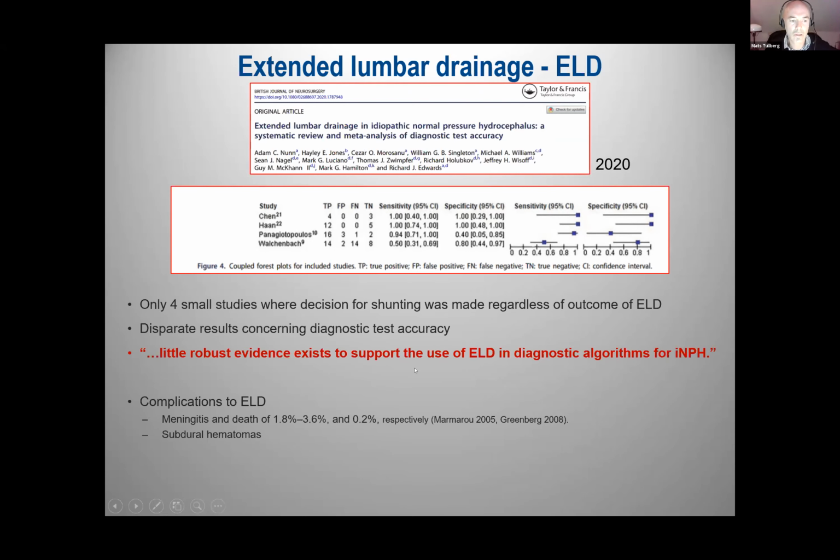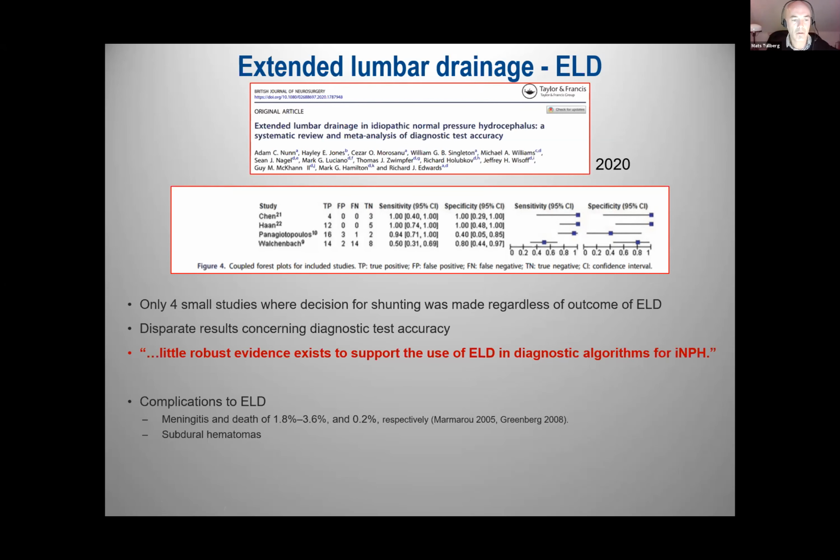And the conclusion here was that little robust evidence exists to support the use of ELD in diagnostic algorithms for iNPH. The sensitivity and predictive value are probably the same as for the CSF TAP test. So this could be used as an alternative to the CSF TAP test, in my opinion.